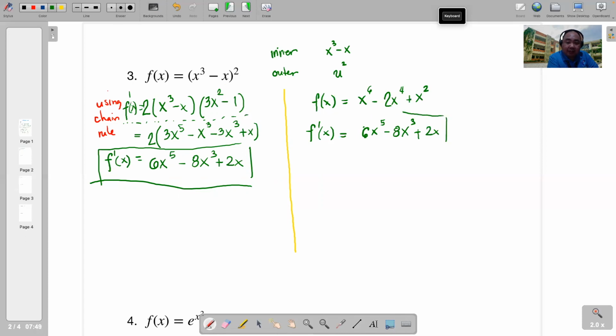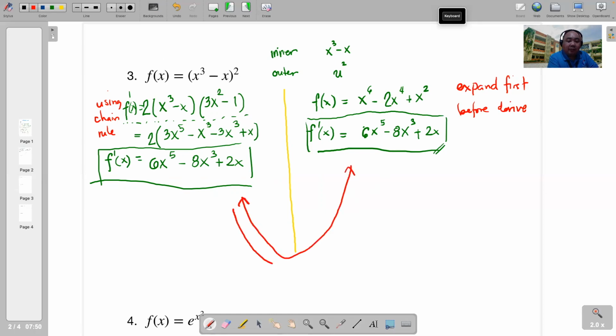You will see that whether we use the chain rule or expand first before deriving, you will get the same answer, which tells you that probably you are correct.